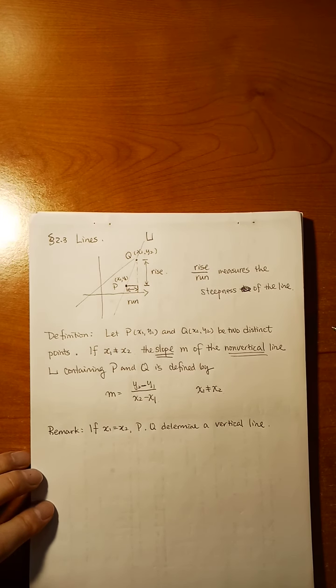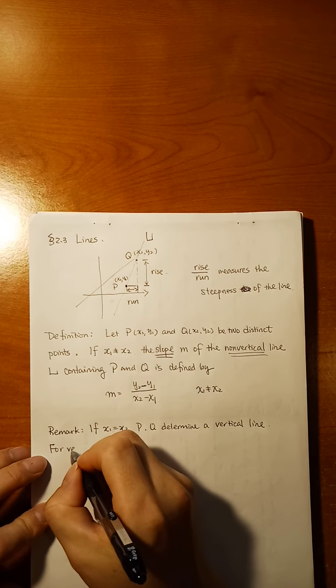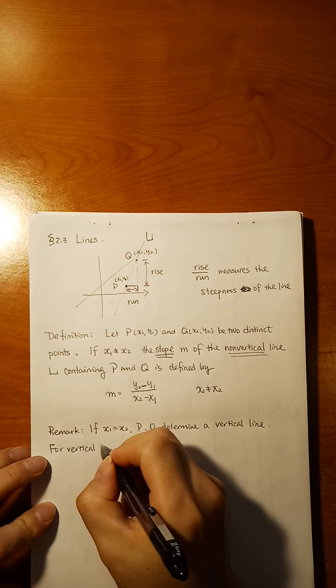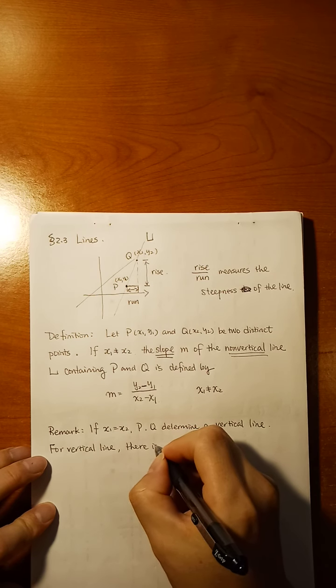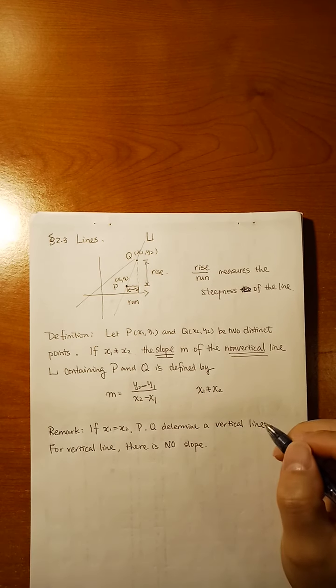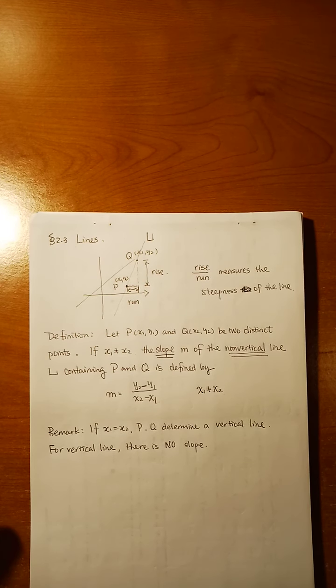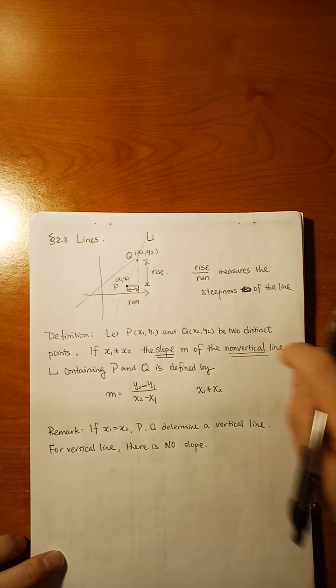For the vertical line, there's no slope. Okay, so that's the definition.